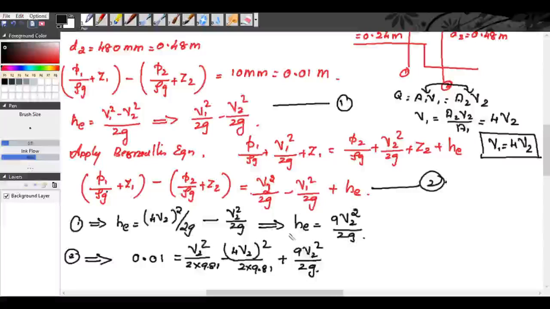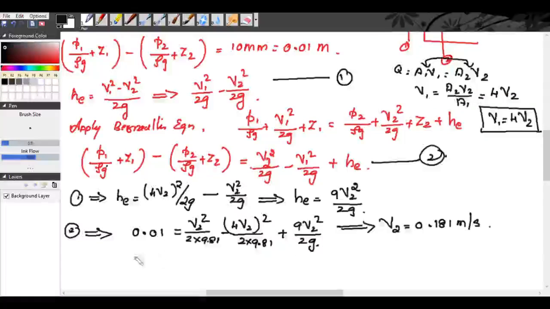So the only unknown is V2, from which we get V2 is equal to 0.181 meter per second.